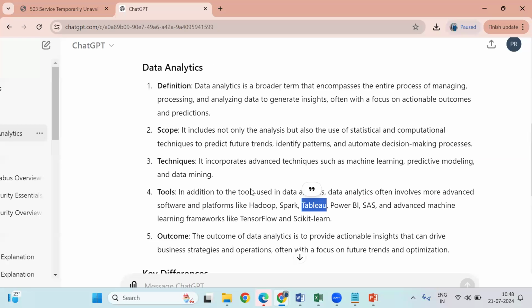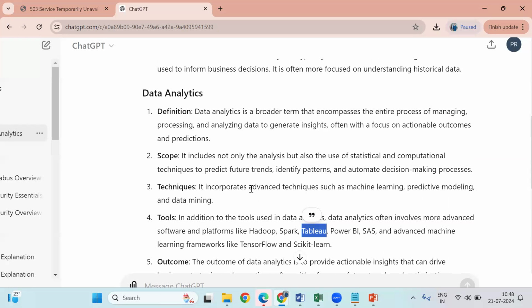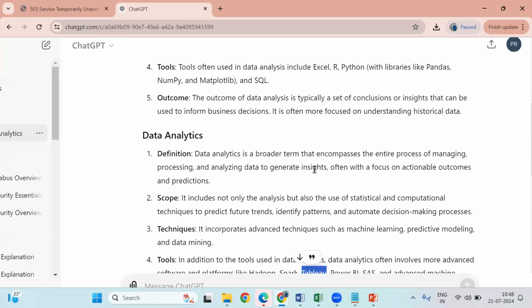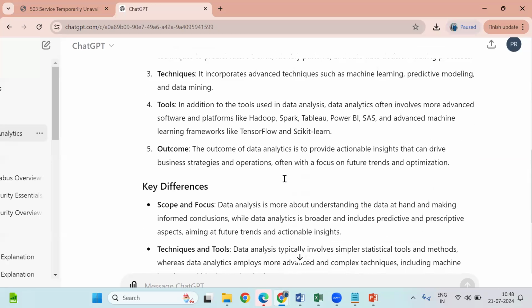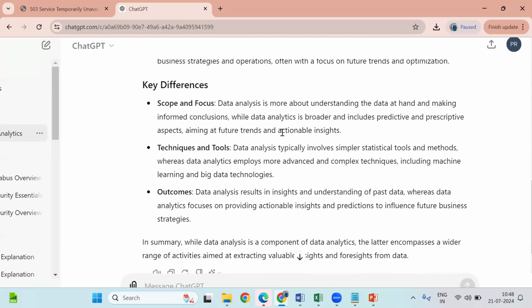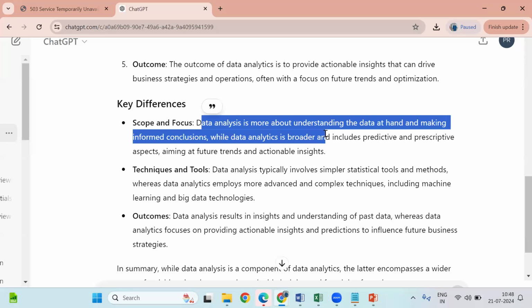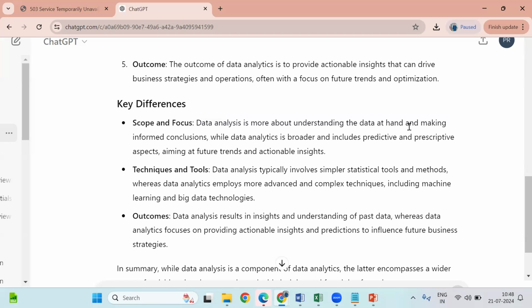The main difference we should understand is that data analysis is collecting the data, analyzing, transforming, inspecting and cleaning the data. But here in this case, we are focusing mainly on the process of managing, processing and analyzing the data into generative insights. Main difference, scope: data analysis is more about understanding the data and making informed conclusions.